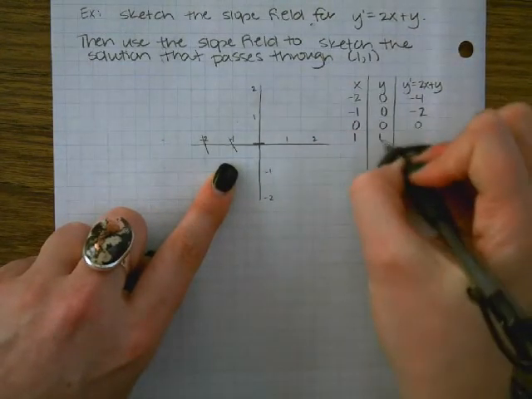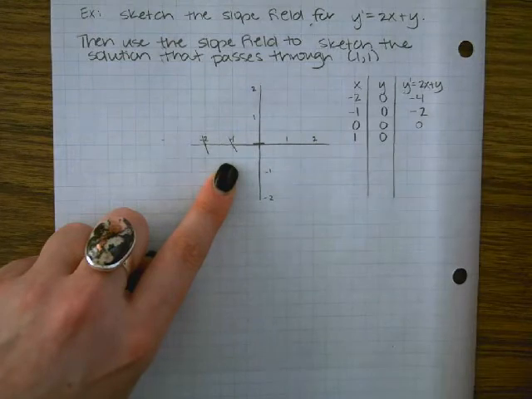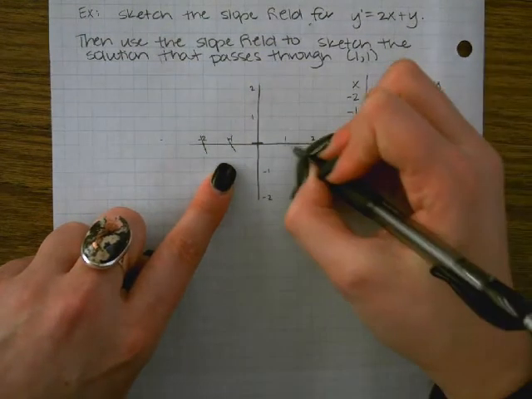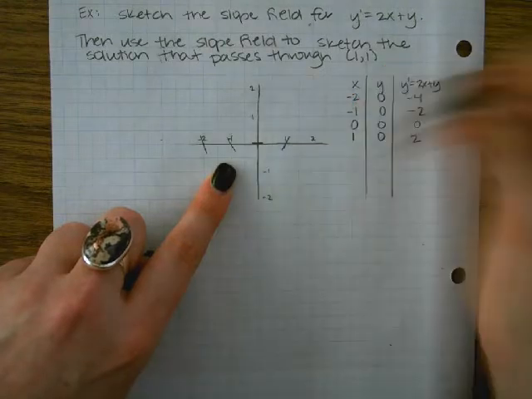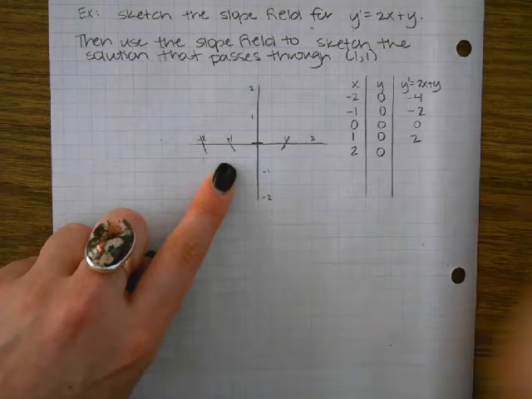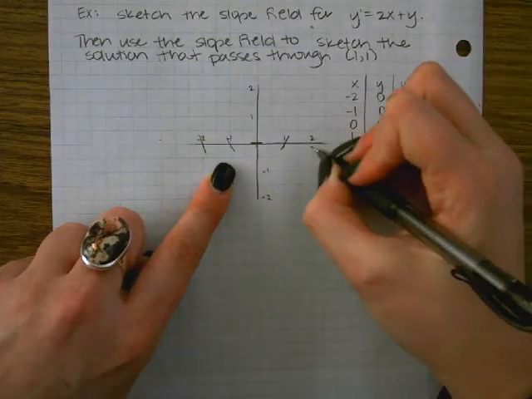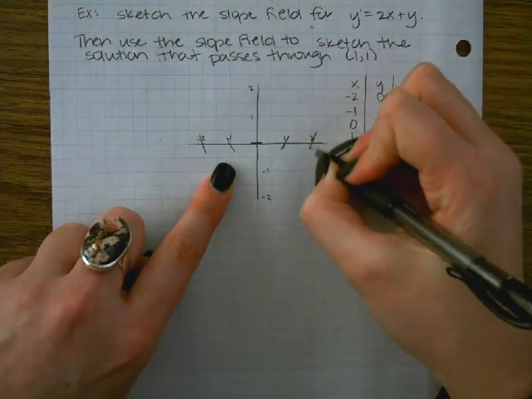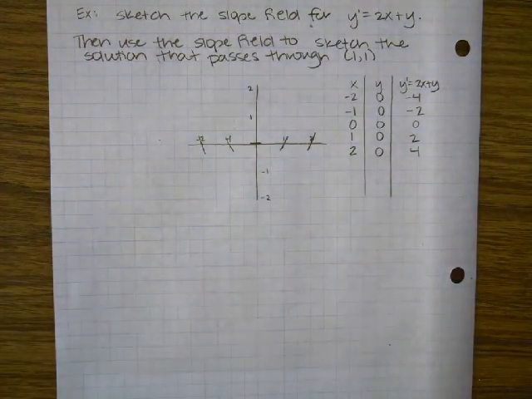How about the point 1, 0? Slope of 2. How about the point 2, 0? Slope of 4. Okay, so there's one row in our slope field.